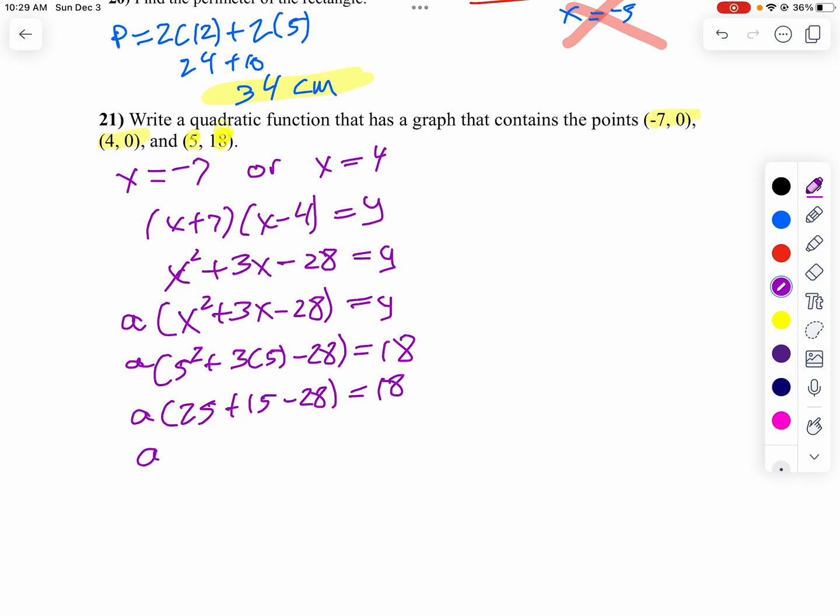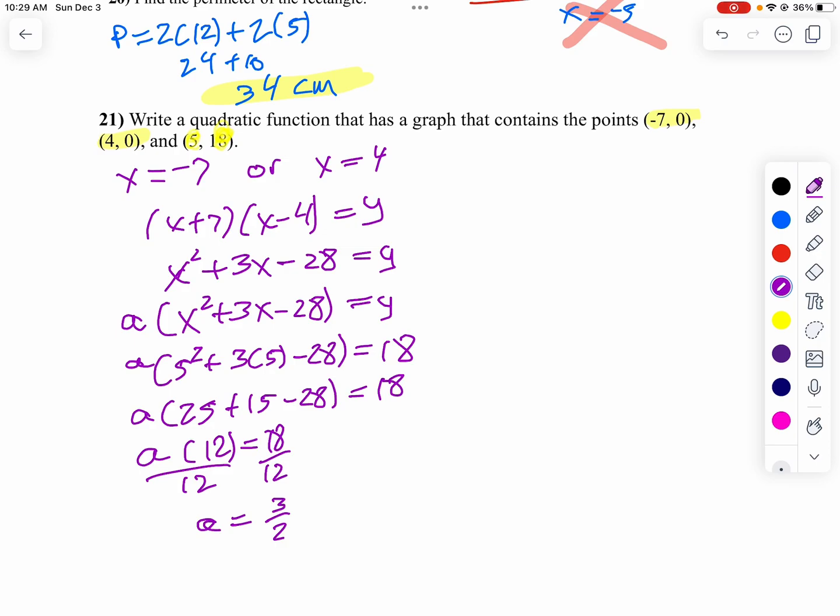Well, 25 minus 28 is negative 3, plus 15 gives us 12. So divide both sides by 12. And I'll reduce that fraction because 6 goes into both of them, so I get 3 over 2.